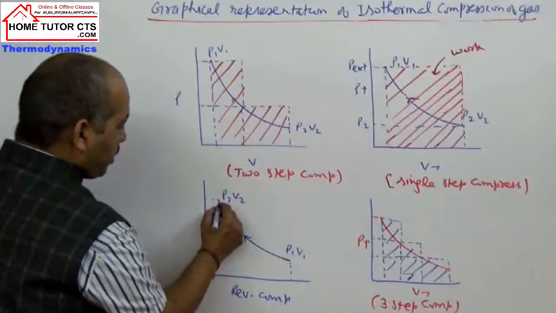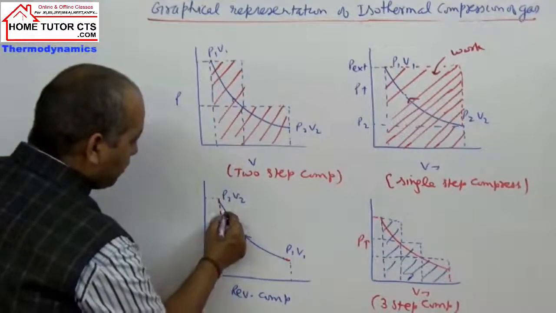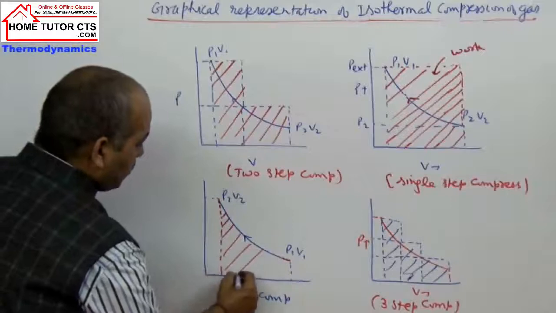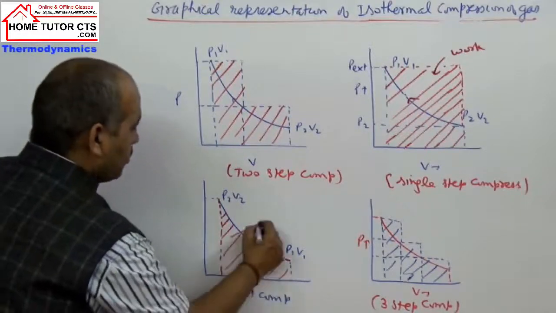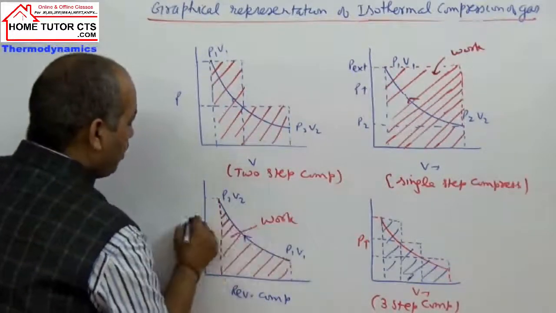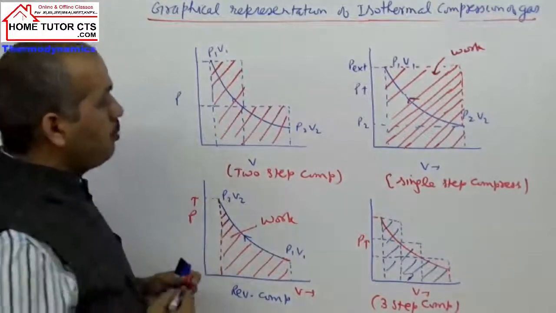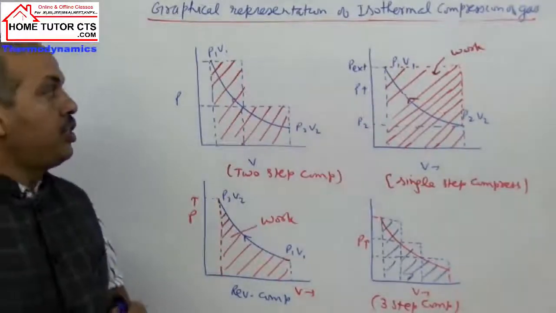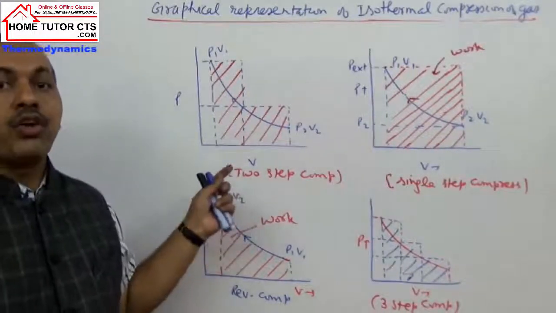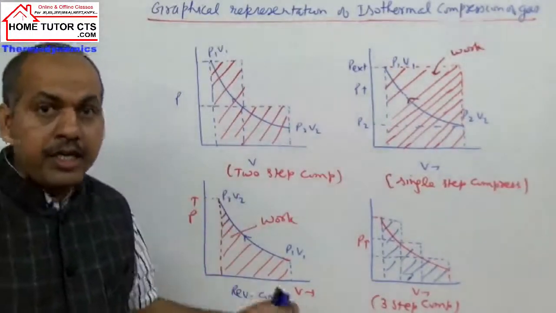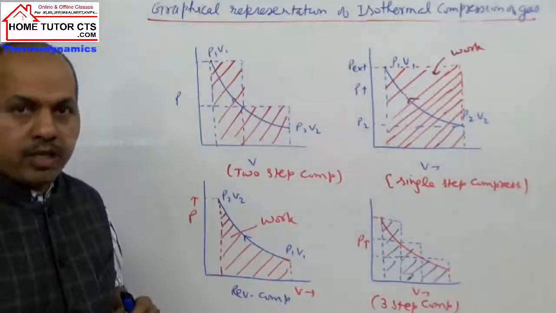So this much can be taken as the shaded portion, as the work in the pressure volume graph. So you can see in the pressure volume graph the shaded portion of the graph, or the area under the graph will be the work done.